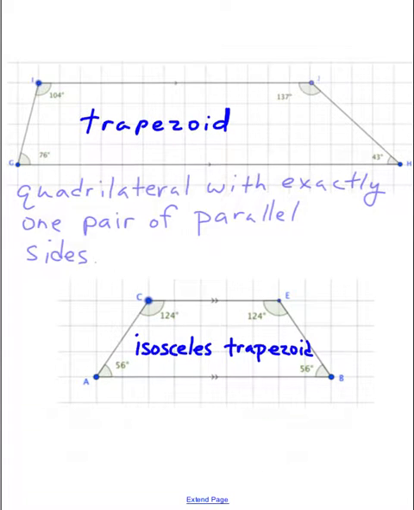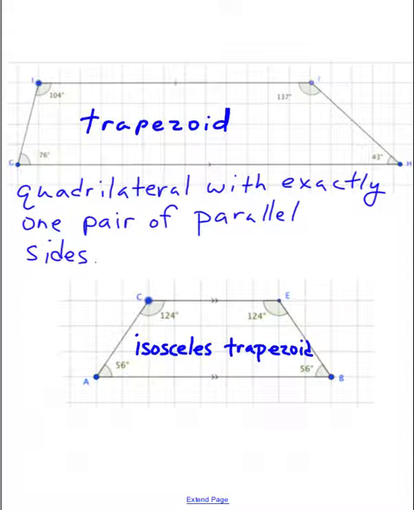It's a quadrilateral with exactly one pair of parallel sides. Now if the other two sides are parallel, it's no longer a trapezoid, right? So exactly one pair of parallel sides. I think that's all we can say about that.